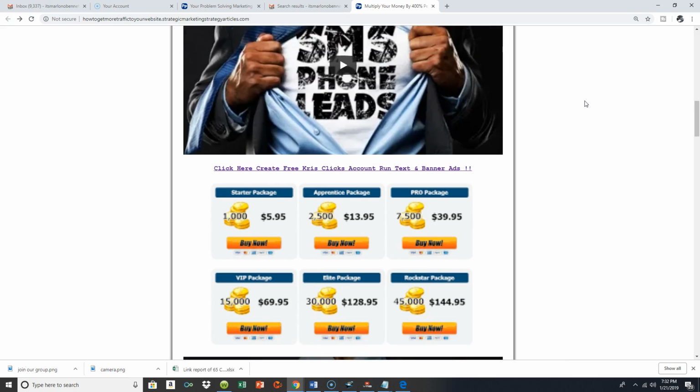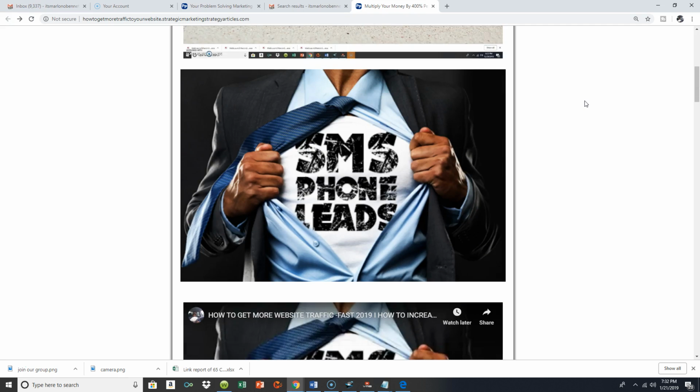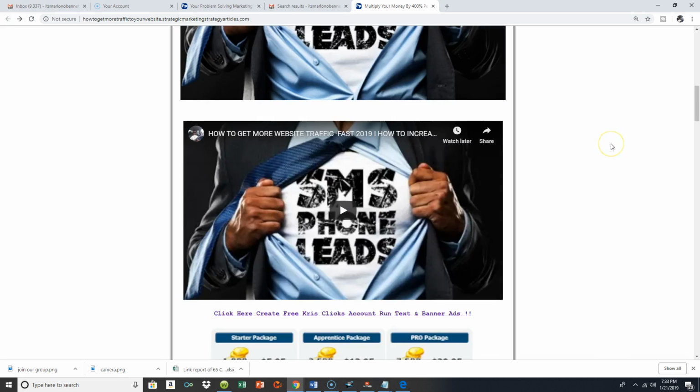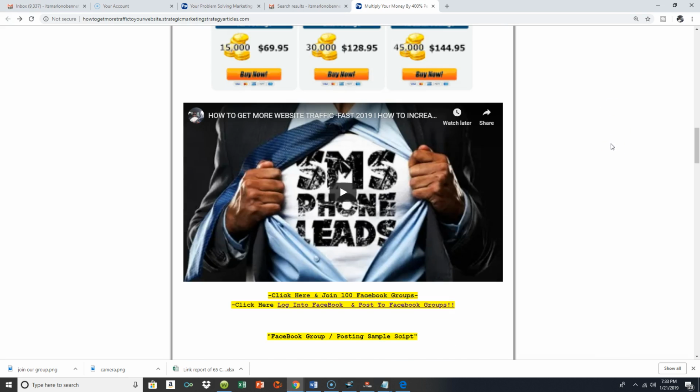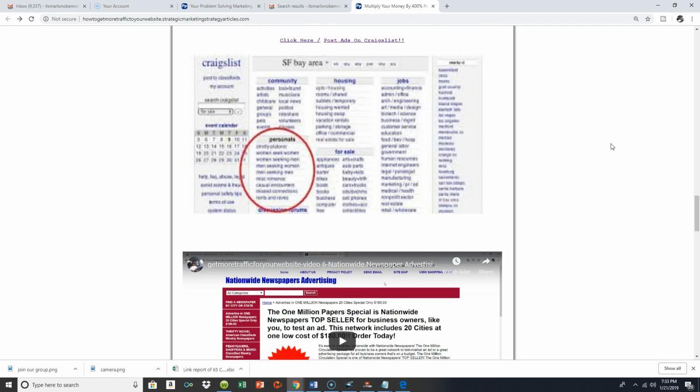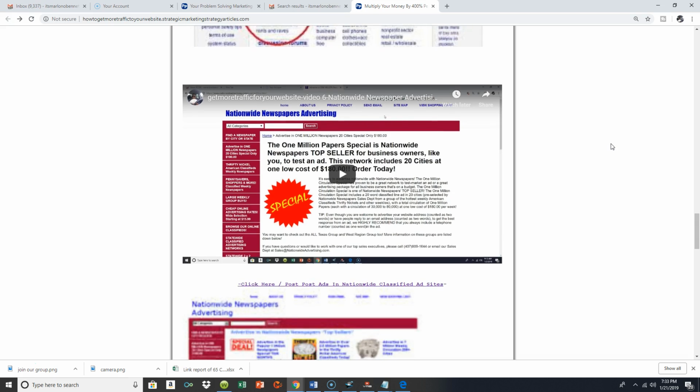So what's happening is people are dialing my SMS phone leads number, and that's how I'm generating a lot of this traffic, guys, okay? You can test this number out. You can see exactly how it works in real time, and then you'll understand the power behind having something like that. So the SMS phone leads in conjunction with Craigslist, that's just 2 of the places where you guys can come and start making that happen.